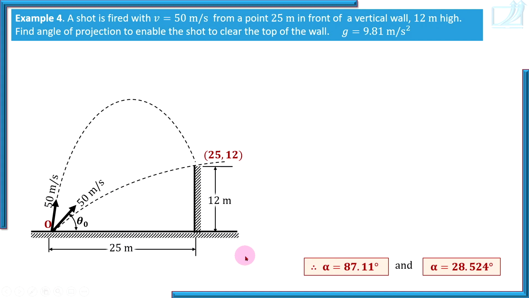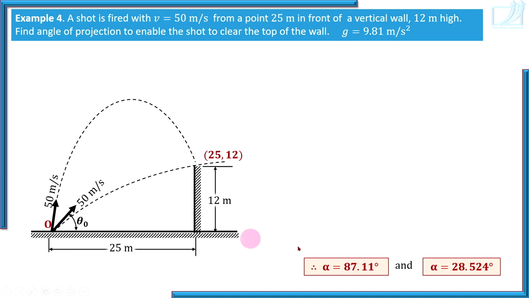Now watch here, how come both answers are correct answers? Try to understand. When a particle or shot is fired at an angle 28.524 degrees, then it clears the top of the wall, or it almost touches the top of the wall during its upward motion.